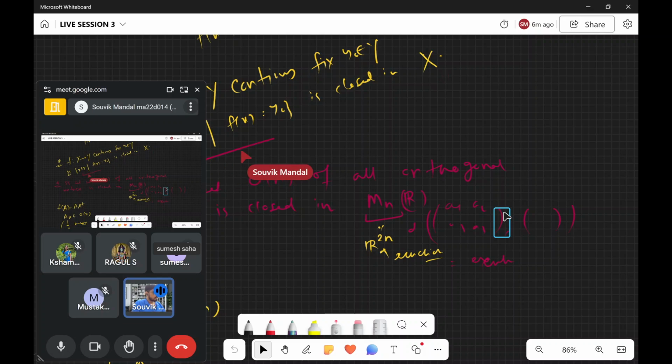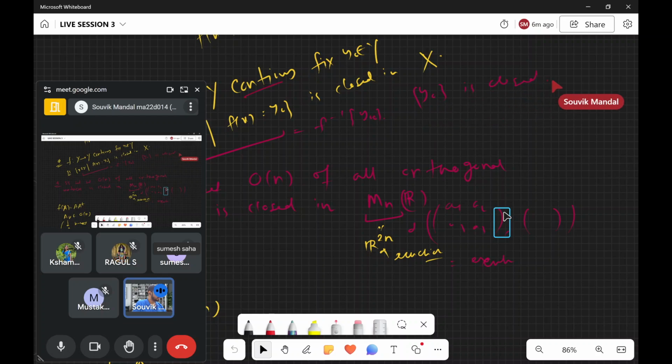This given set is nothing but the inverse image of a singleton, correct? A singleton set is closed.